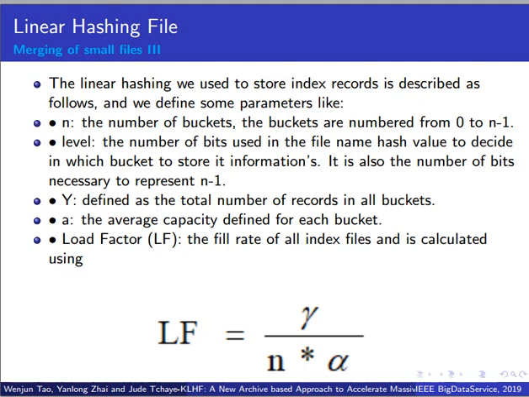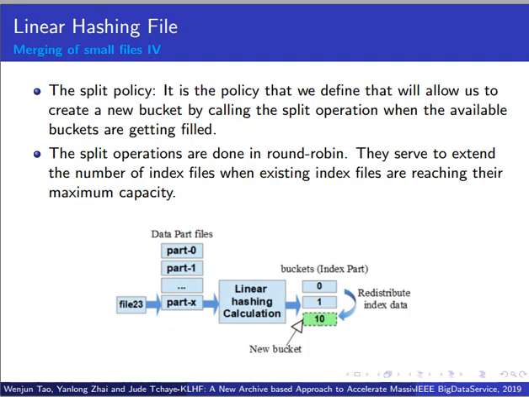Gamma, defined as the total number of records in all buckets. Alpha, the average policy defined for each bucket. Load factor, the fill rate of all index files, is calculated using this formulation.